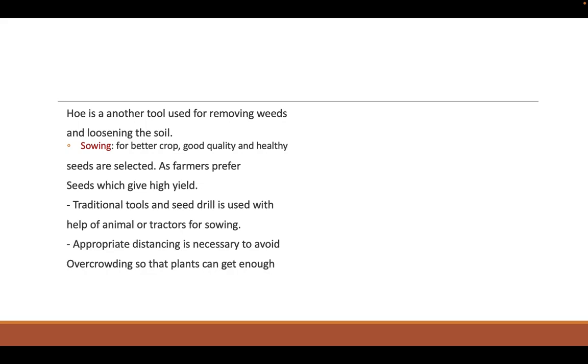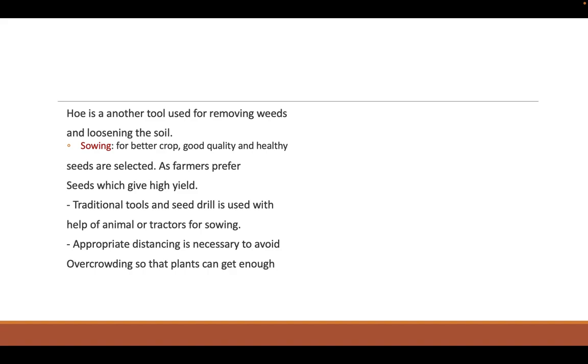The distancing is needed because we prepare the soil with nutrients, and we cannot overcrowd the seeds, because with overcrowding, many seeds in the field means many plants will grow.